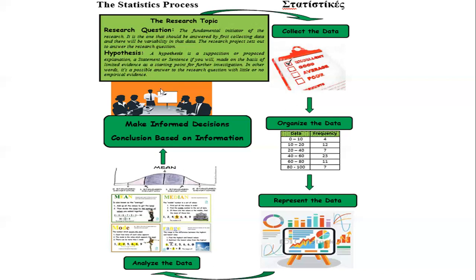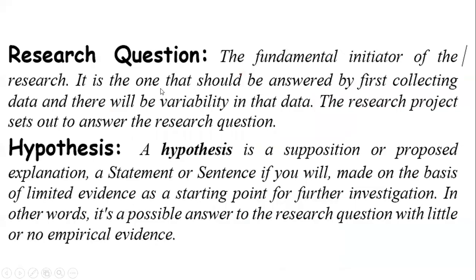Now, remember we said the research question is the fundamental initiator of the research. It is the one that should be answered by first collecting data, and there'll be variability in that data. The research project sets out to answer the research question. Now, the hypothesis is a supposed or proposed explanation, a statement or sentence, if you will, that is made on limited evidence as a starting point for further investigation.